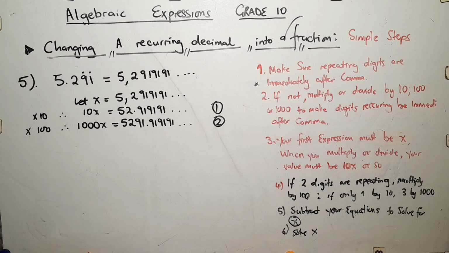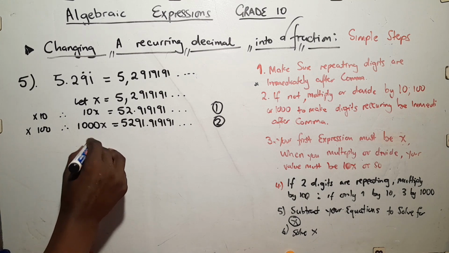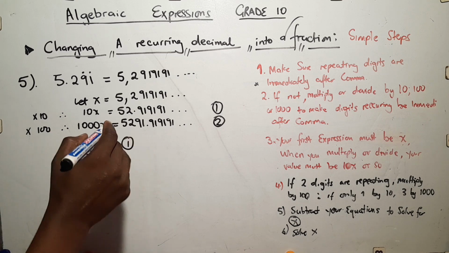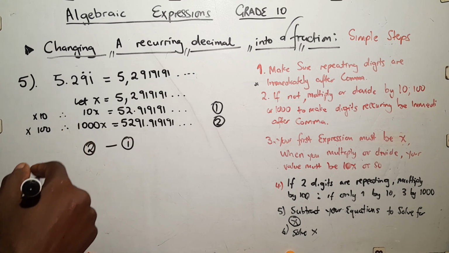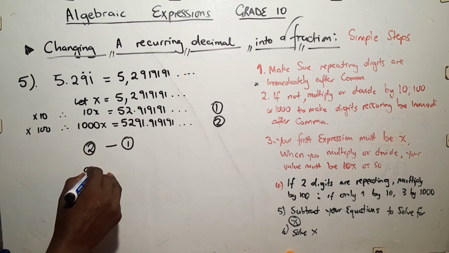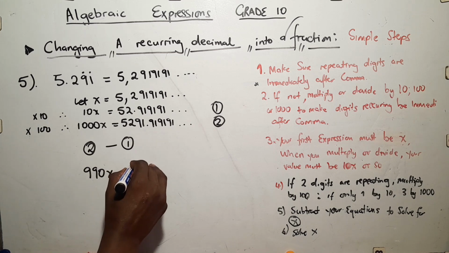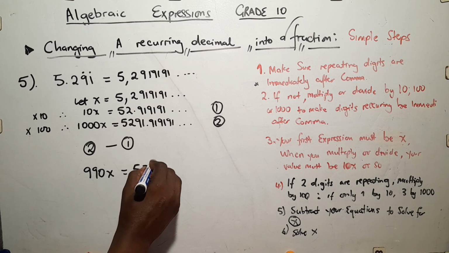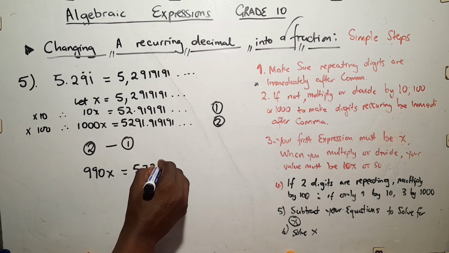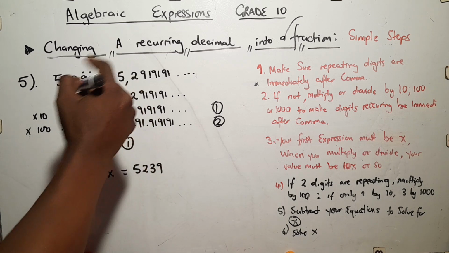So now we can subtract the two equations. Equation 2 minus equation 1. So 1000x minus 10x will give us 990x. And 5291 subtracting 52 gives us 5239. And these will cancel each other out.